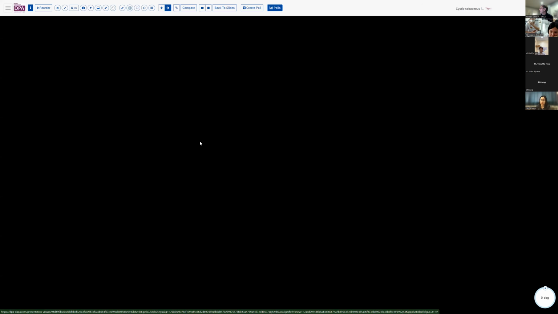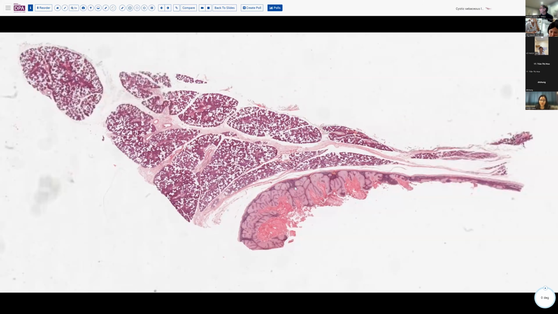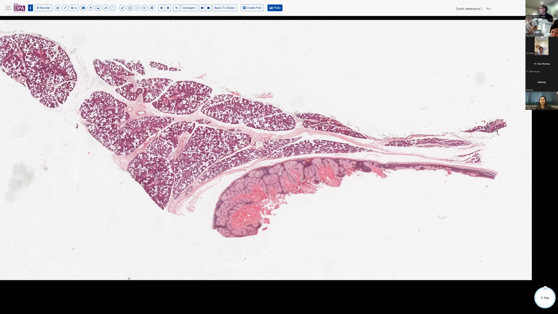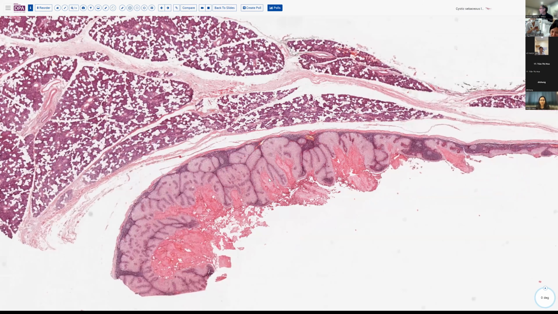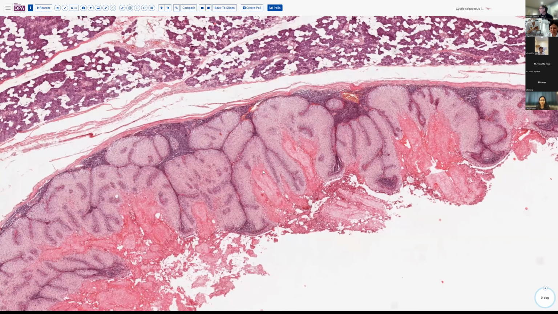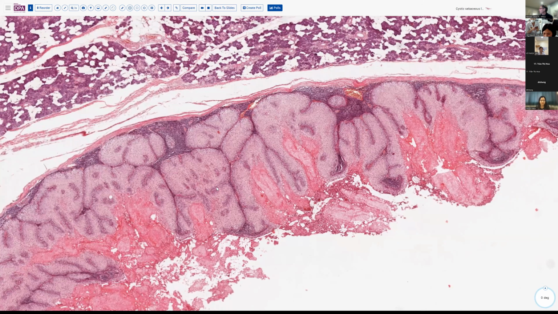And this is the second lesion that we have here, which has a more cystic feature. Here you see the border between normal salivary parotid gland and this lesion, which doesn't look particularly sebaceous at low magnification, and in fact has quite a bit of more squamoid features.